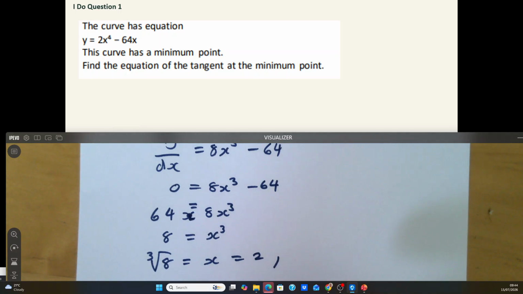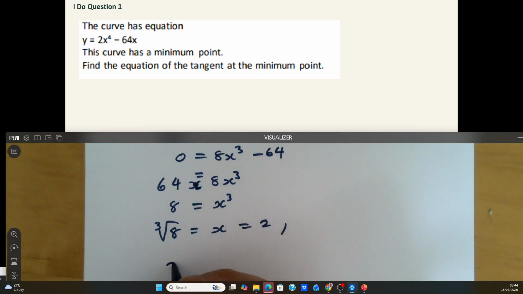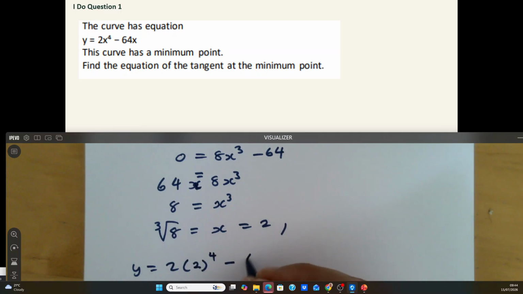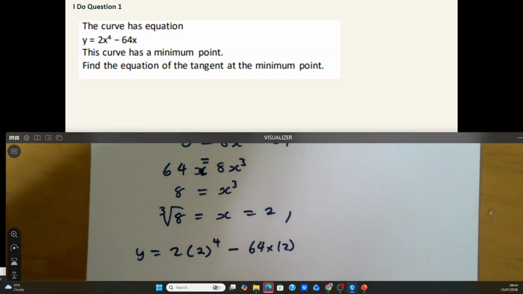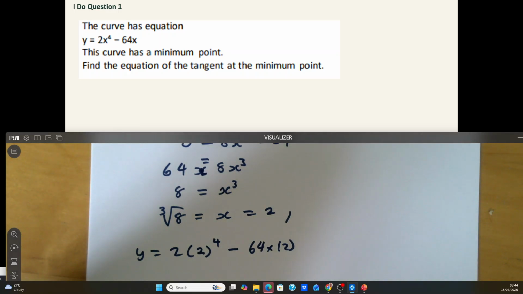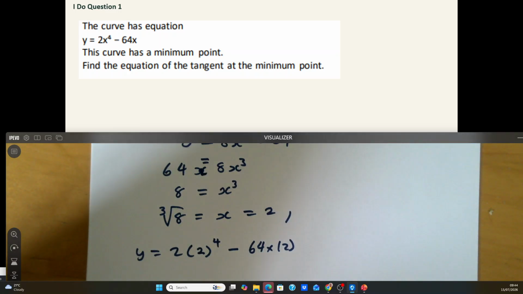to our starting equation, which is 2. So y is going to equal 2 times 2 to the power of 4, take 64 times by 2. Make our calculator look like that. 2 times brackets 2, close the brackets, to the power of 4, take 64 times bracket 2.